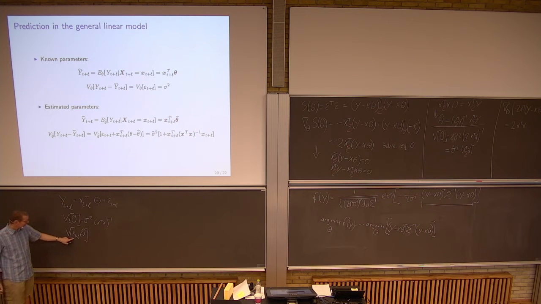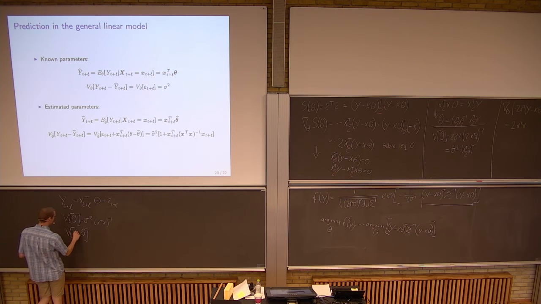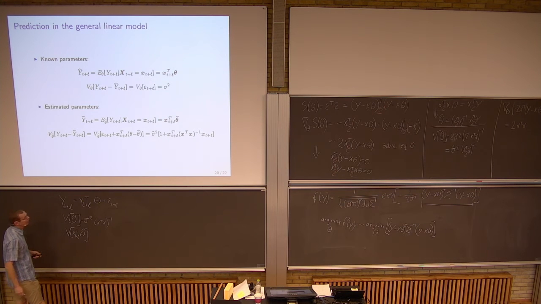When I take the variance of a constant multiplied on something that has a variance, what do I get? Do you remember? Yes? The constant squared. I have to pre-multiply by the constant and post-multiply by the transpose.